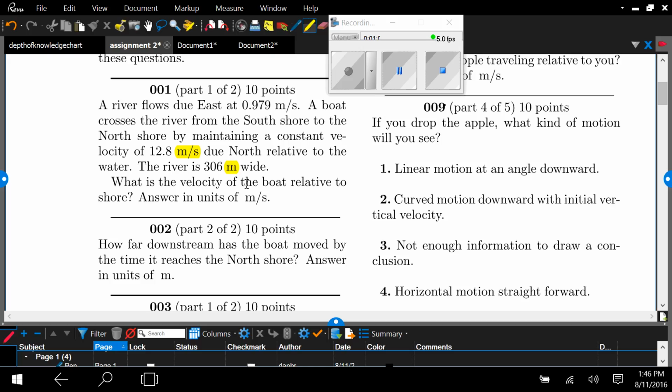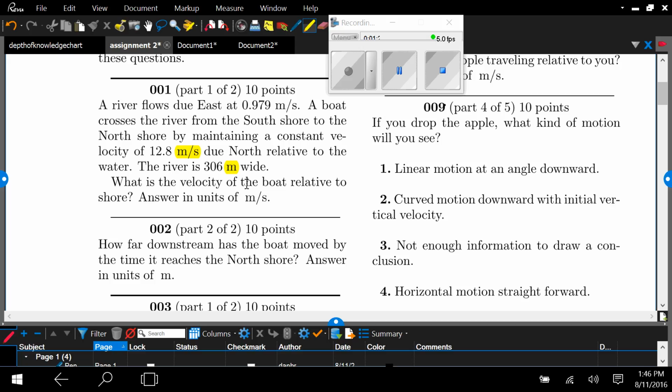So we can make some vectors and triangles with distances like 306 meters, and we can also make another triangle with velocities, to the north or to the east, and those will be in meters per second.